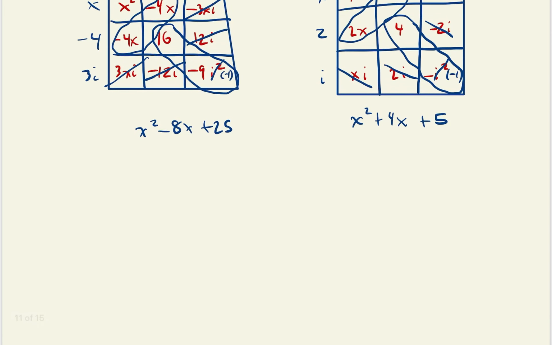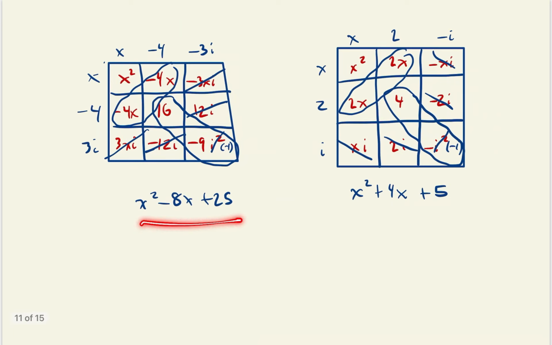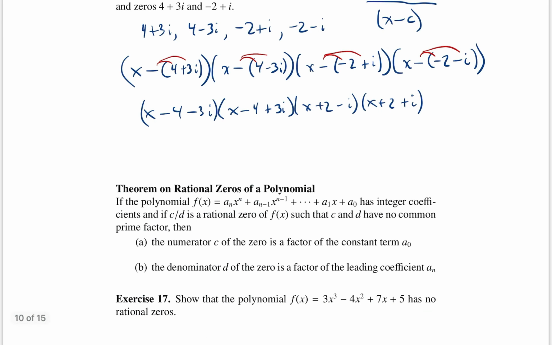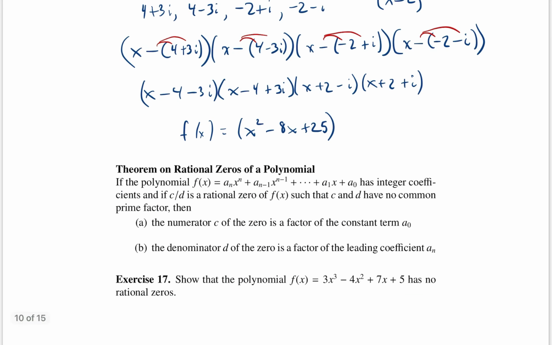Okay, and now we can multiply these two out. Actually, I don't think we even need to go that far. All right, so that's all you really need to do. Just write these two factors out as a product. So it would be x squared minus 8x plus 25 times x squared plus 4x plus 5.